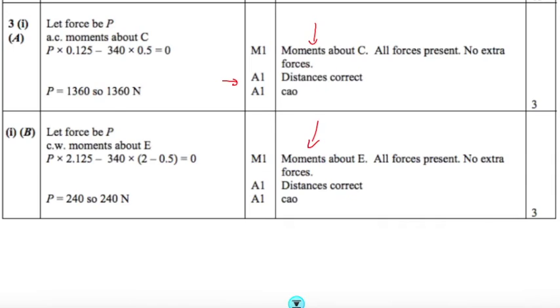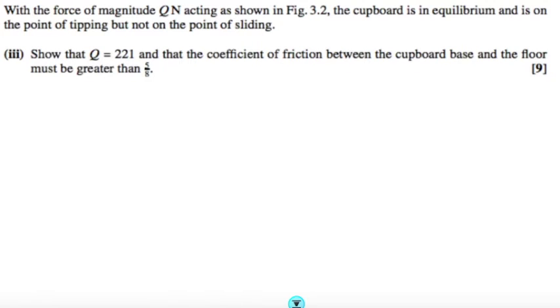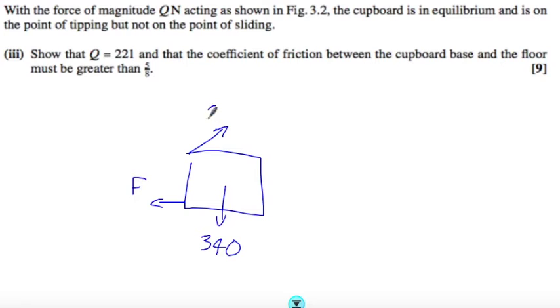So let's try and draw a diagram. We've got 340 acting this way. We've got friction acting this way because Q is here. And we've got a reaction force. We can use F equals mu R and then hopefully show that if this is on the point of sliding, then mu must be 5/8.